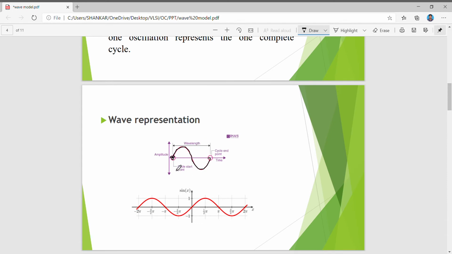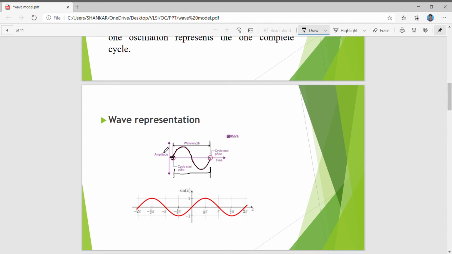From the starting point to the ending point is represented as the wavelength, and we can also find the time period. The time period is the time taken to complete one cycle.